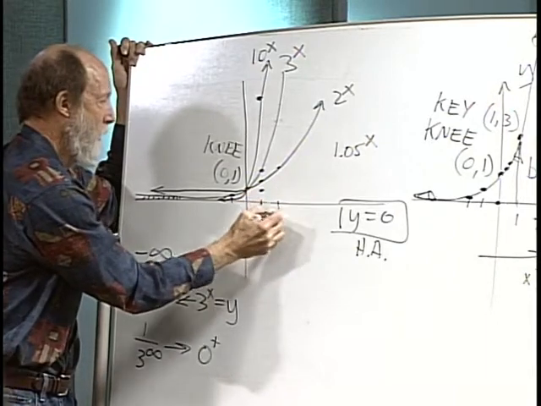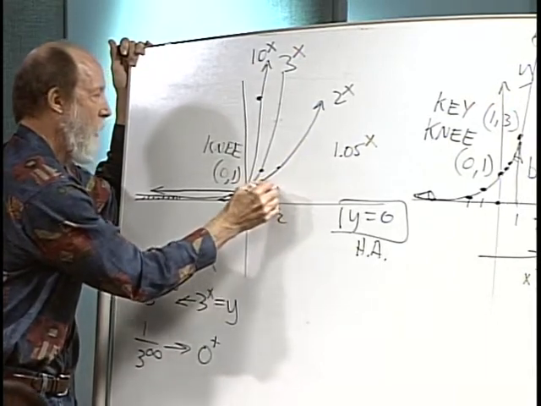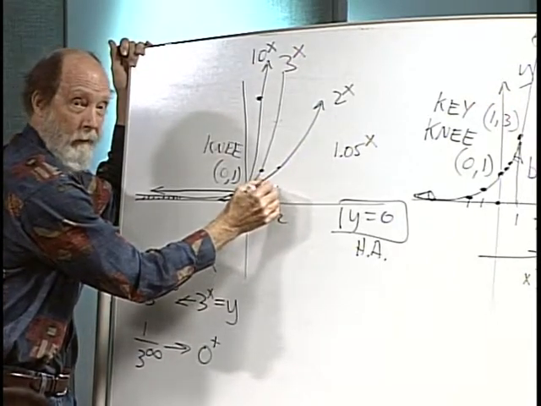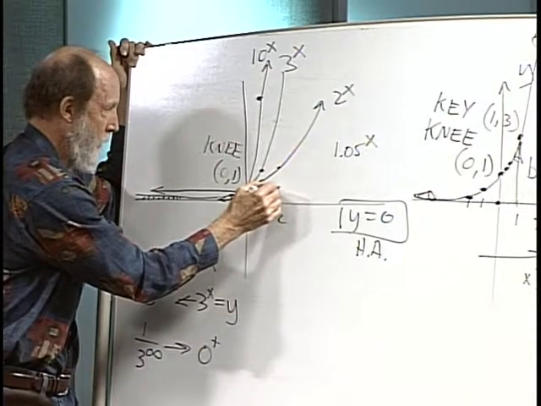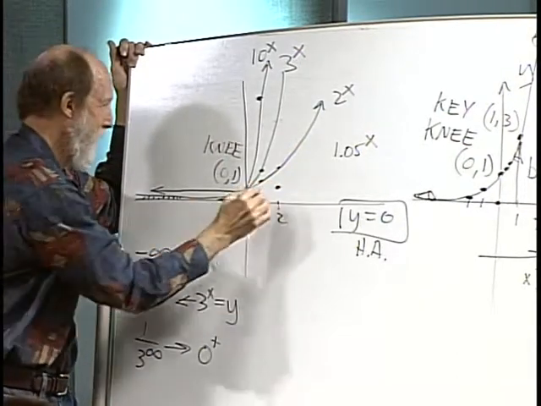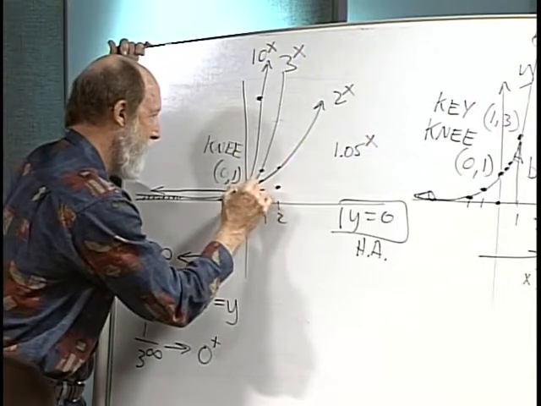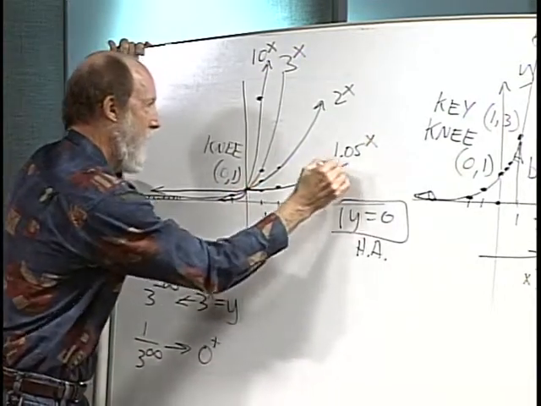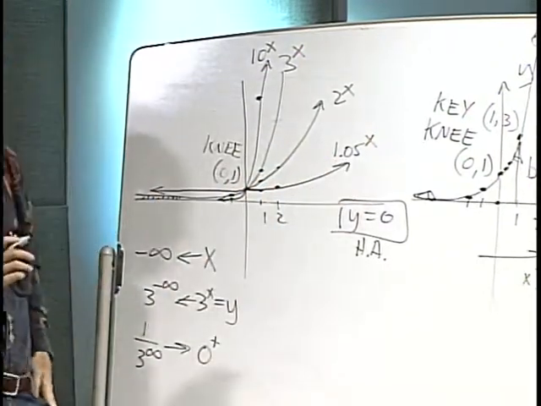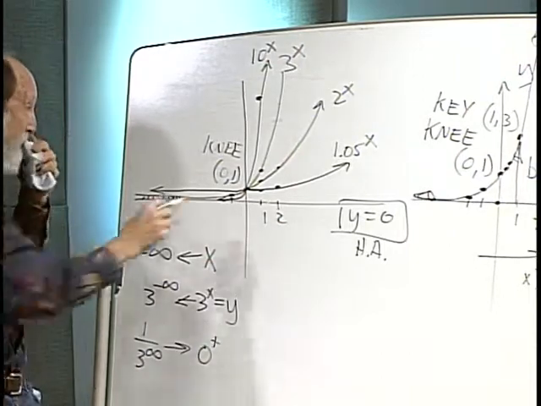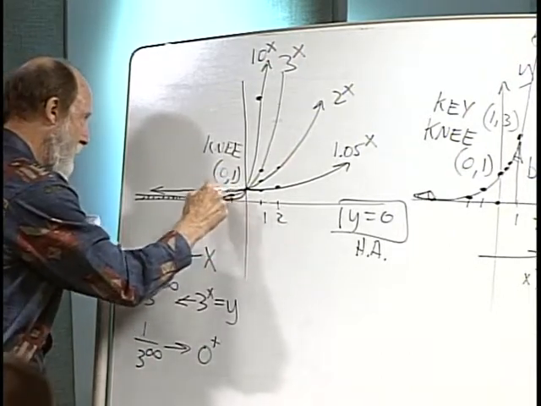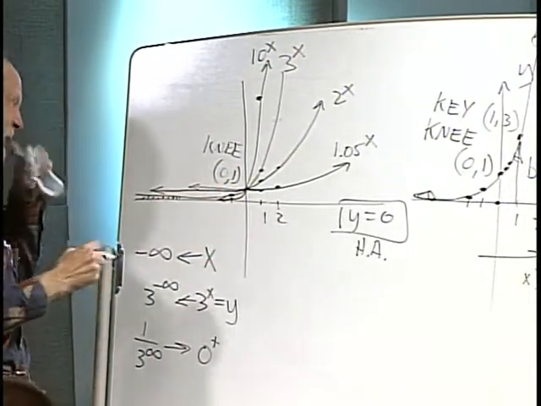At 2, it's going to be 1.05 times 1.05, which is still pretty close to 1, right? Okay, so it's going to be pretty close to, like Melissa said, pretty close to a flat line looking graph. Very slow growth. And then similarly crosses over at the knee, heading off to the left.